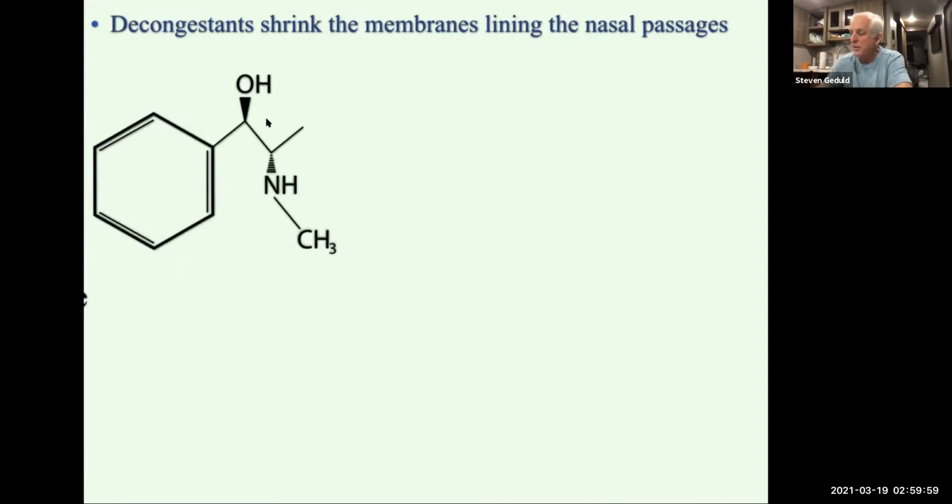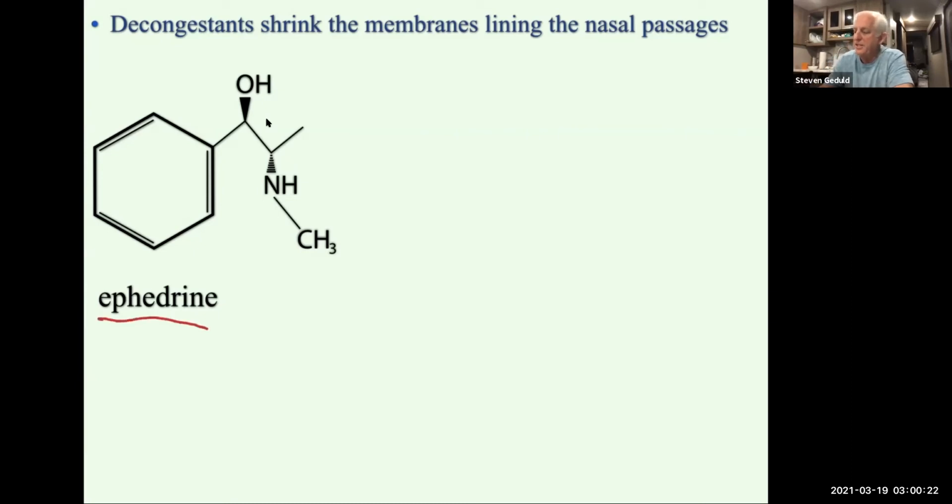This is ephedrine. Ephedrine is used in Sudafed and over-the-counter products like that as a decongestant. Ephedrine can also make crystal meth. This is the starting material for meth labs.